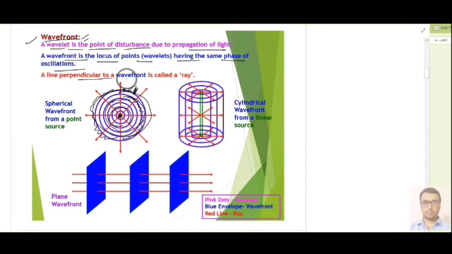A line perpendicular to the wavefront is called a ray. If we join all these disturbed elements, then the locus of these elements, your wavelets, is your wavefront, and if we drop a perpendicular to this wavefront, then we get a ray.